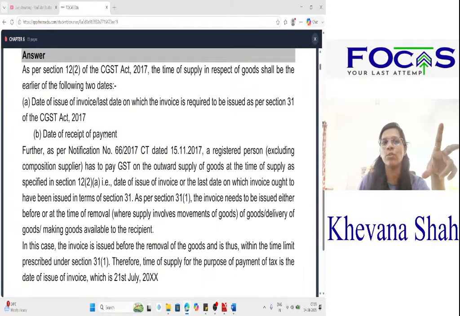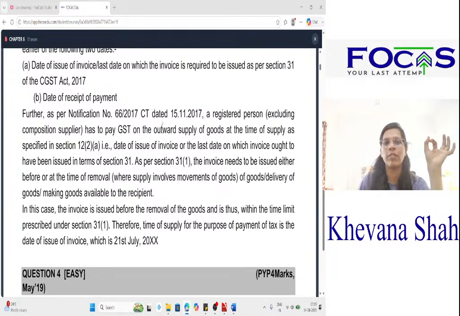So the earlier of these two dates will be your time of supply. Now, further, as per the notification dated 15/11/2017, a registered person excluding a composition supplier has to pay GST on the outward supply of goods at the time of supply as specified in section 12(2)(a).